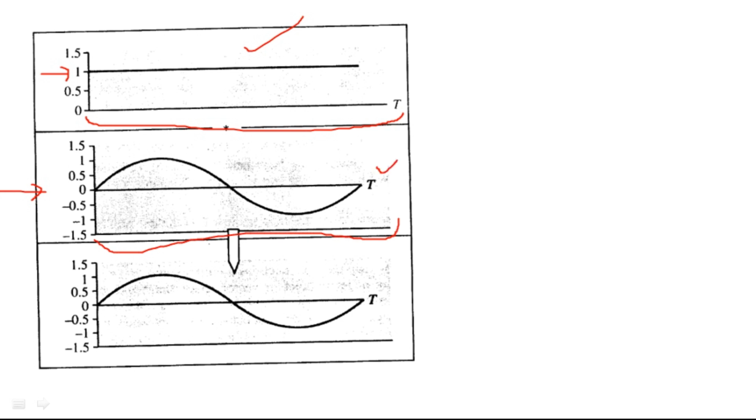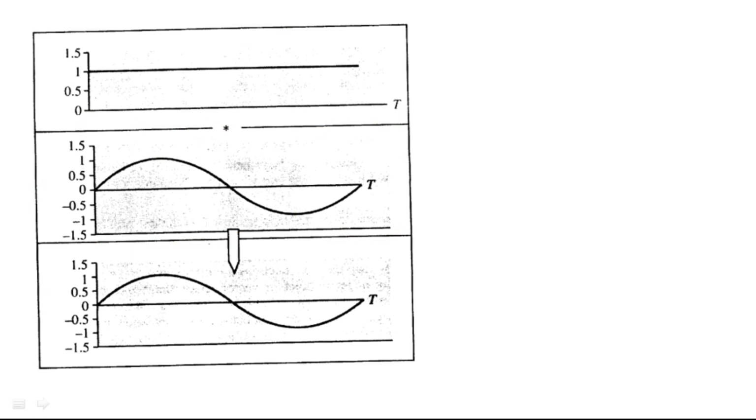Here is the mark of capital T. Half of the portion is on the positive side with a maximum value of plus 1, and half on the negative side with a maximum value of minus 1. If the multiplication of both functions is carried out, it is shown in the third section.